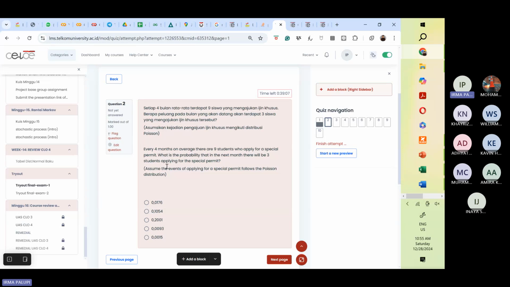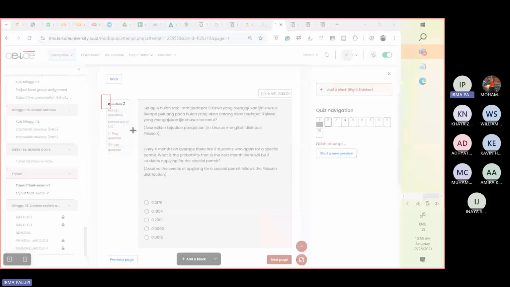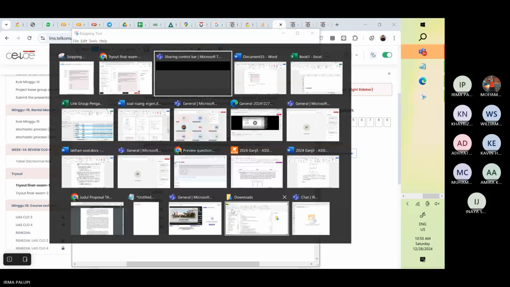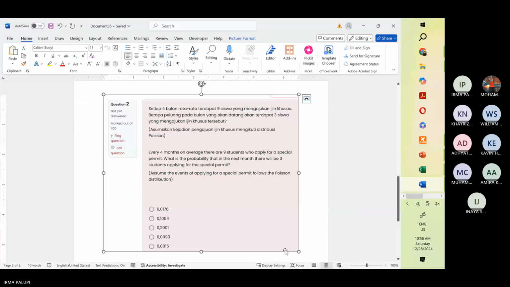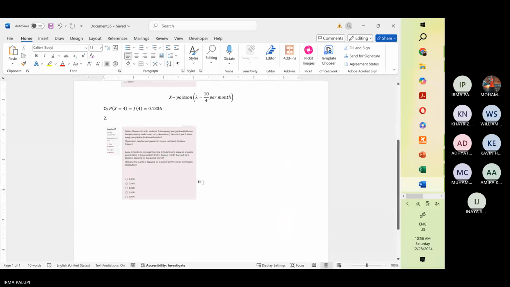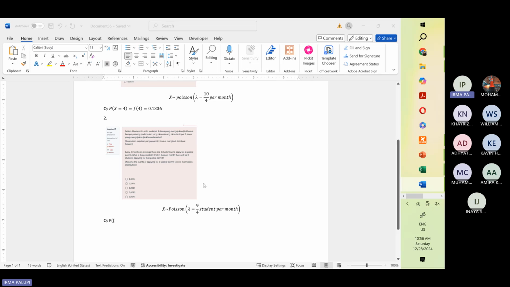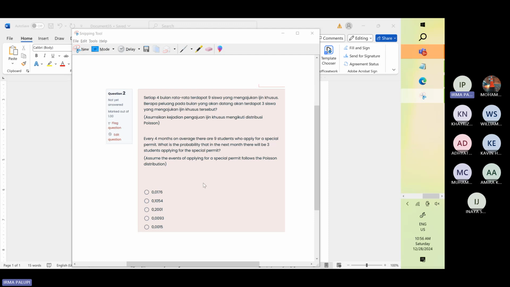So for number 2, we have X as a Poisson distributed random variable with parameter lambda equals 9 per 4 per month, right? So it is the number of students. Lambda is the number of students in a month who apply for permits. The question is, what is the probability that next month there will be exactly 3 students, right?